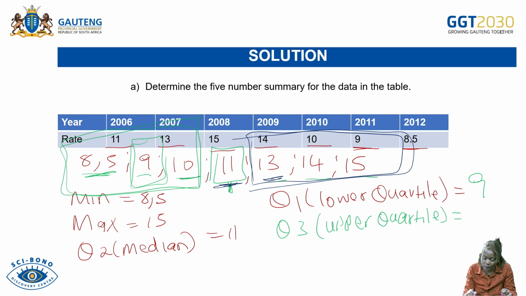So you say it's 1, and then the median of that upper half is going to be 14. So you have your minimum value as 8,5, your maximum value is 15, your Q2 as 11, your Q1 as 9, and then you have your Q3 as 14. Ne? Let's move to the second question.